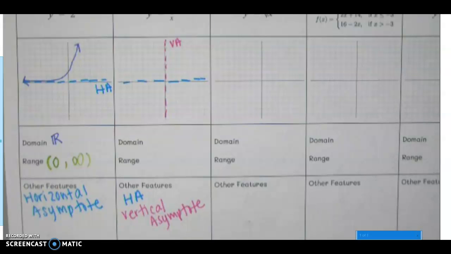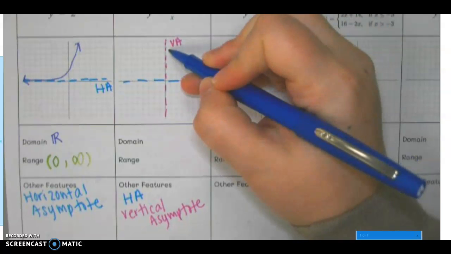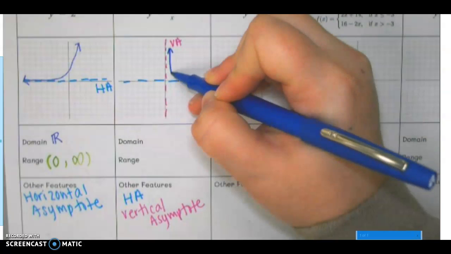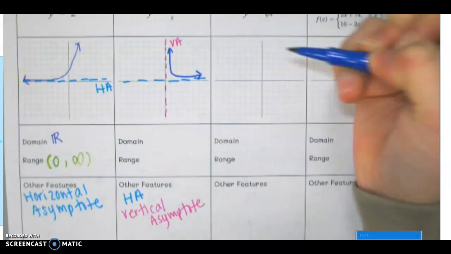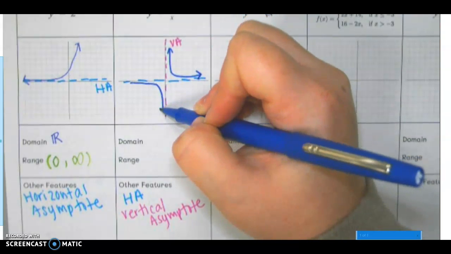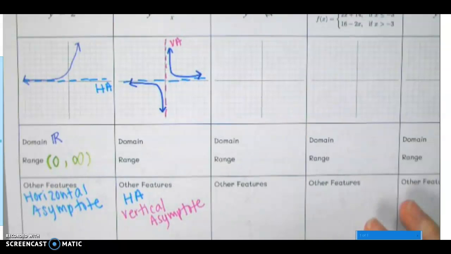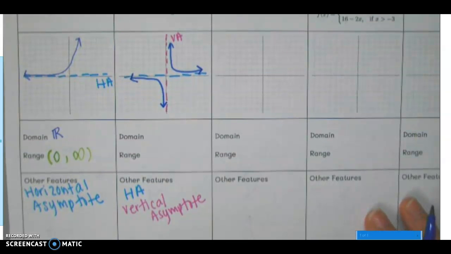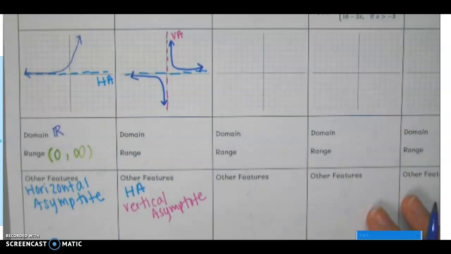All right, and then the parent function for this, I need to switch my markers because my purple one is dying. Looks like this. So kind of straight up, and then it curves towards the other asymptote, kind of straight, and then curves. So the graph curves to meet those asymptotes, but it never actually touches it.